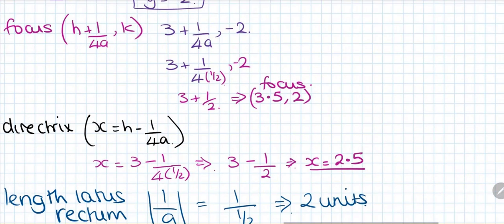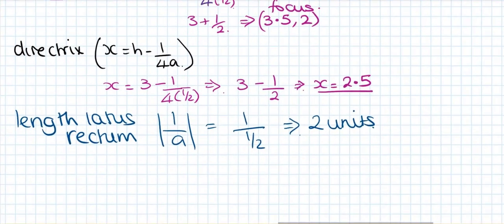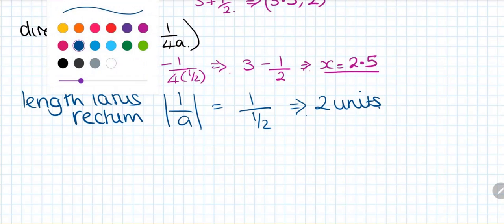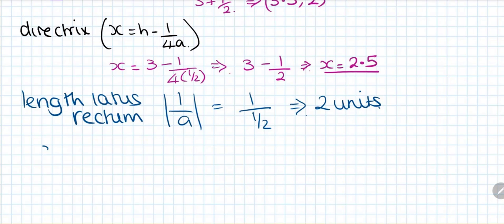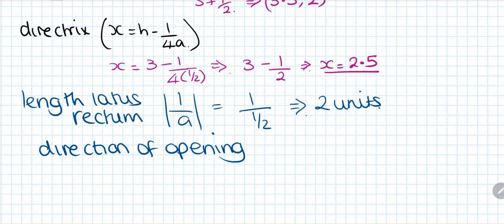Now the other thing we need to look at is the direction of the opening. Our a value is a half, so a is greater than 0, so it's going to open to the right.